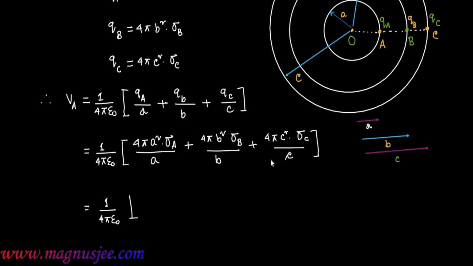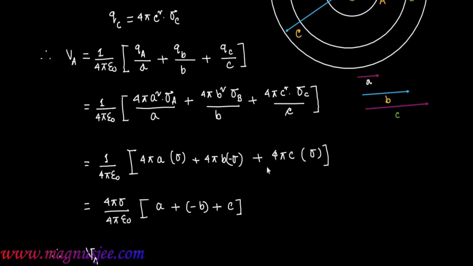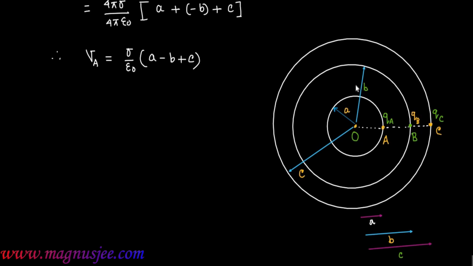Equal 1 by 4 pi epsilon 0, 4 pi a sigma plus 4 pi b under bracket minus sigma plus 4 pi c into sigma, where sigma is the surface charge density, equal 4 pi sigma divided by 4 pi epsilon 0 under bracket a minus b plus c. Therefore, VA equals sigma by epsilon 0 into a minus b plus c.